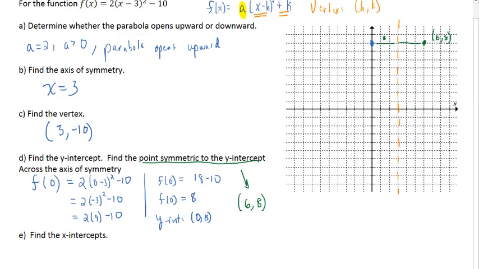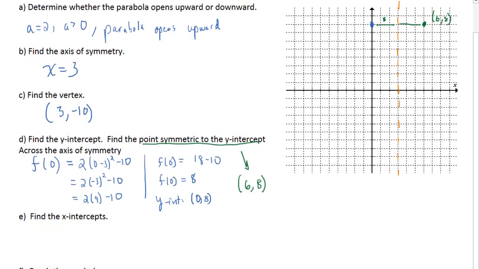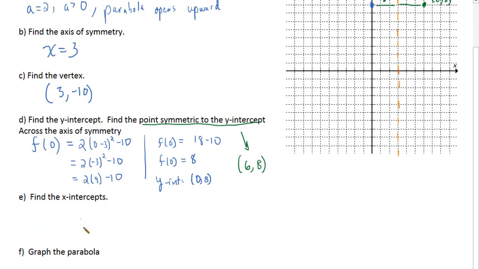Now we're asked to find the x-intercepts. So to find the x-intercepts, we will set the function equal to 0. We will set the 2 times (x minus 3) squared minus 10 equal to 0, and solve for x. I will add 10 to both sides. 2 times (x minus 3) squared equals 10.